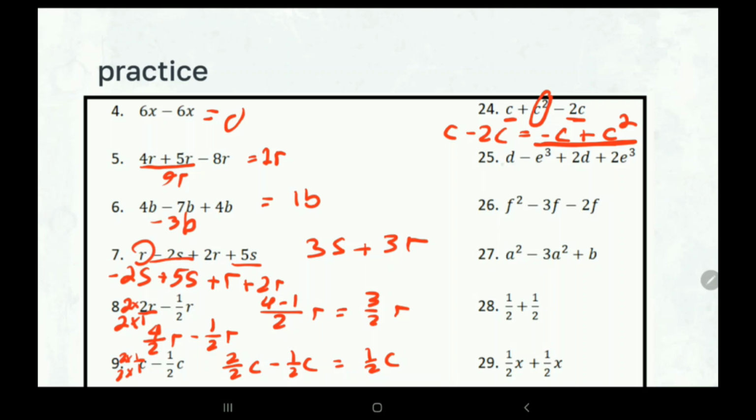The next one, d minus e cubed plus 2d plus 2e cubed. We have d and e as the variables.